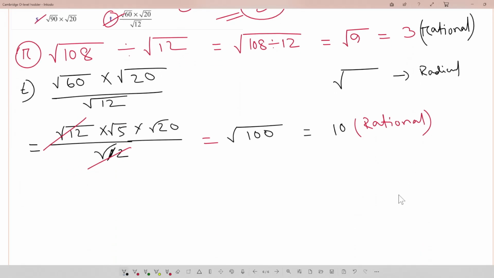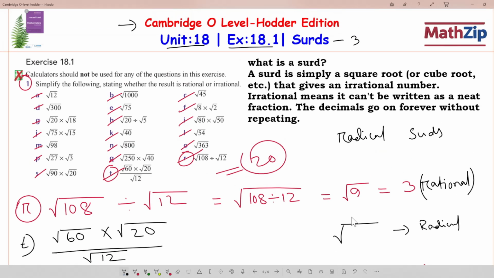Okay, but what is a surd? A surd is where you use a root, but if you make the number, like root 5, into a decimal, you will not get any integer. It will be forever what? Forever continue. The decimal goes on forever without repeating.